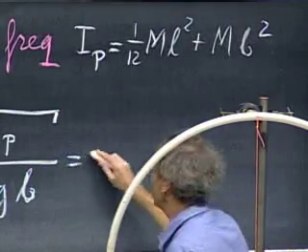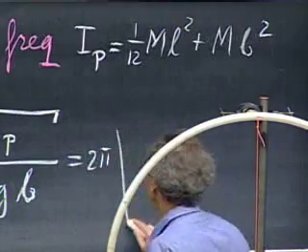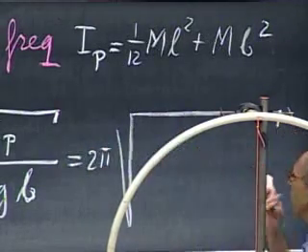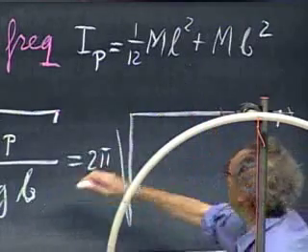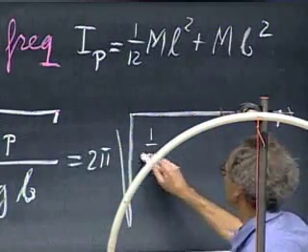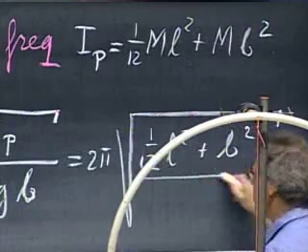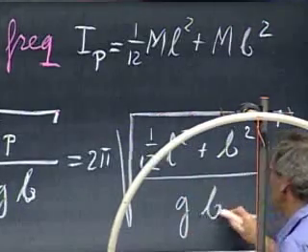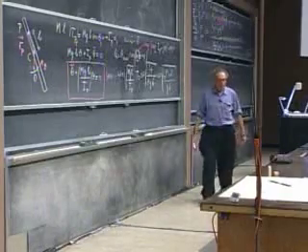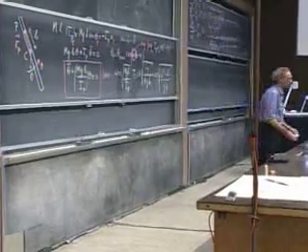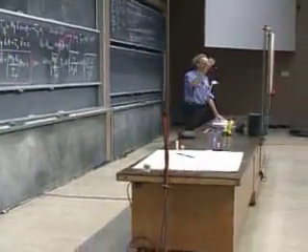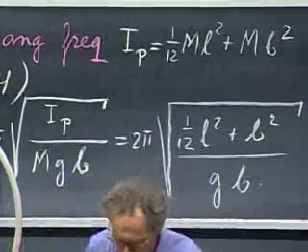And so now we find that the period is 2 pi times the square root of, I lose my m, so I get 1/12 L squared plus b squared, and I get here g b. And that is a very simple result when you come to think of it. I mean, this would have been a complete headache to do in any other way.